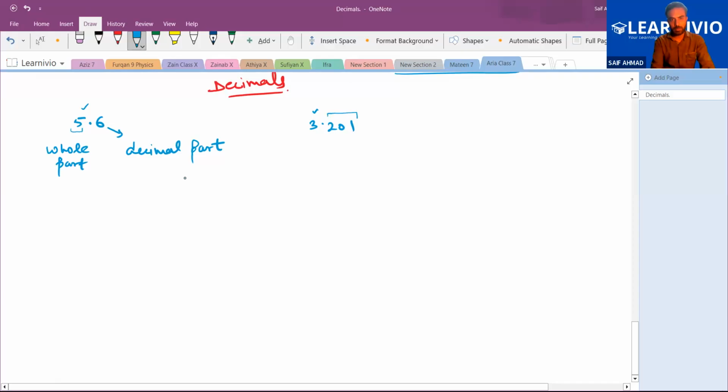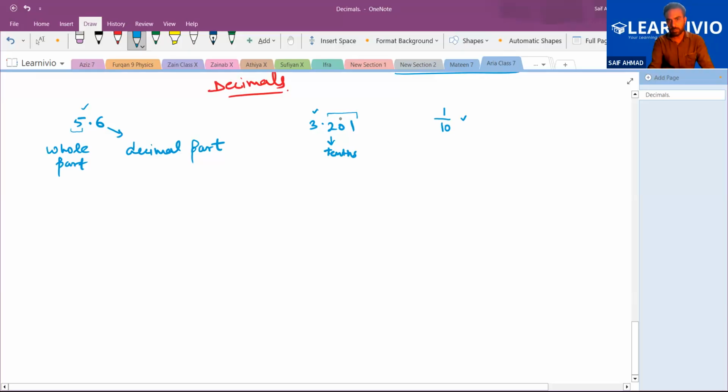So 3.201. If we write the expanded form of this, how can we write it? This is the tenths place. Tenths means one part of 10, 1 by 10.